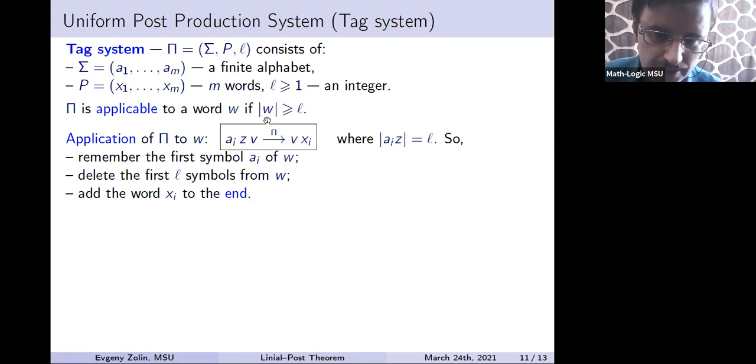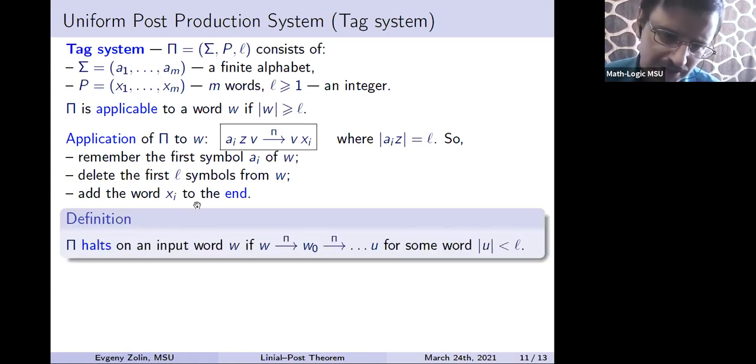Maybe this process will be infinite, and you will always obtain a word with at least L symbols, or perhaps at some point you will obtain a short word with less than L symbols. If this happens, this system pi, this computation, stops, or in the foreign literature, they write halts.